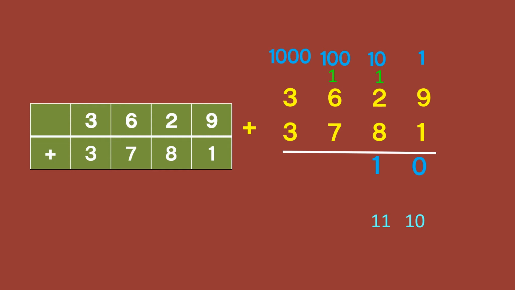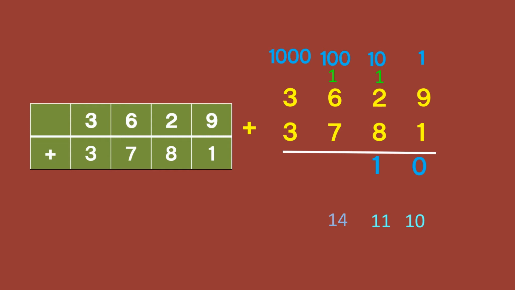So, we'll add the digits under hundreds place. 1 plus 6 is 7. 7 plus 7 is 14. Once again, we can't mention 14 under hundreds place. So once again, I'm going to search whether there are any bundles of tens in 14. Yes.